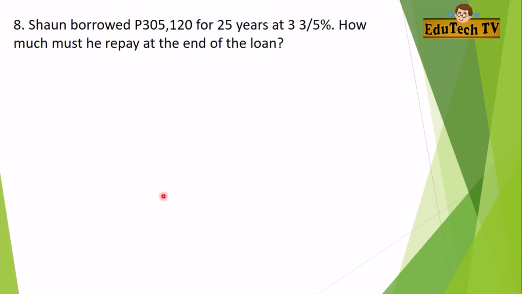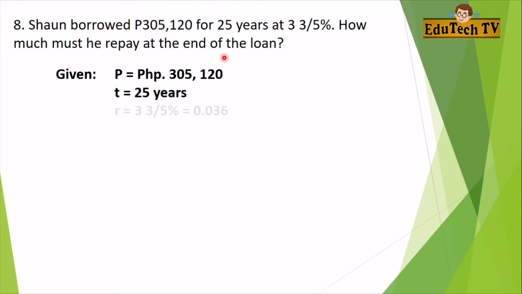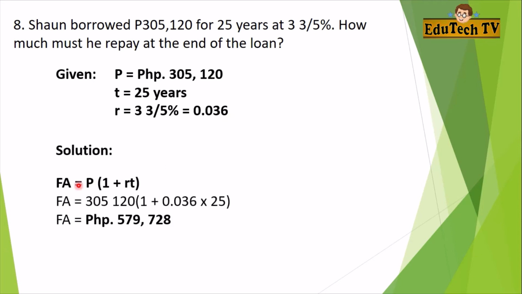Lastly, Shaun borrowed 305,120 pesos for 25 years at 3.35%. How much must he repay at the end of the loan? So the given here is this amount as the principal amount, 25 years, and 3.35%, that's 0.0335. So for the solution, we have first the final amount, P times 1 plus RT.